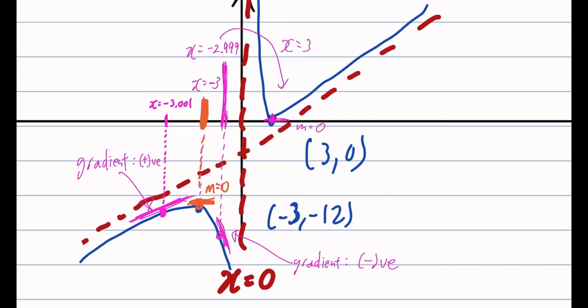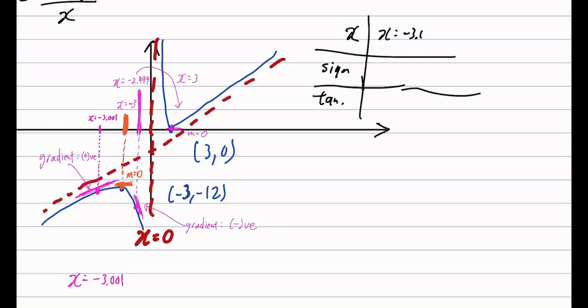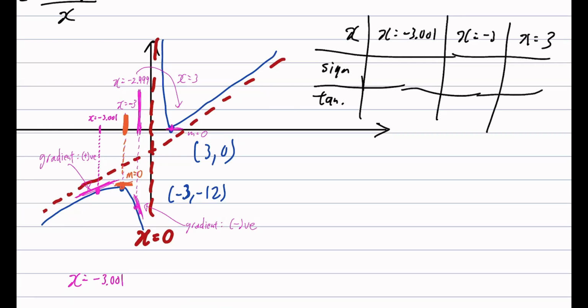What you end up with is a table that looks like x, sign, tangent. I hope you understand. If you pick x equals -3.001, x equals -3, and then x equals +3, you end up with 0, 0, and then negative. So it's like down, 0, 0.